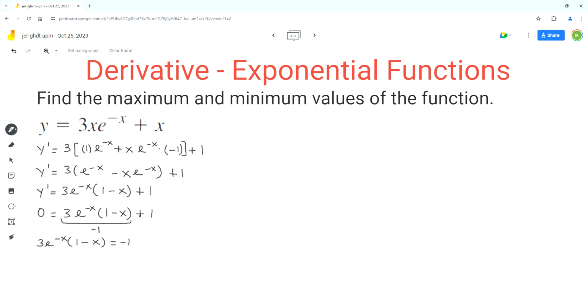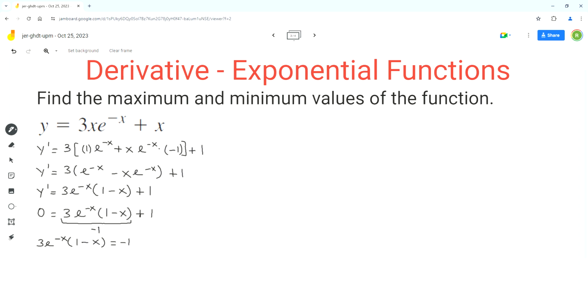Now this term value will never become equal to negative 1, because the e term will always have a positive value, and 1 minus x will never have a value that will make this whole term equal to negative 1, because we'll have to multiply 3 by the e to the power negative x times the value of 1 minus x.